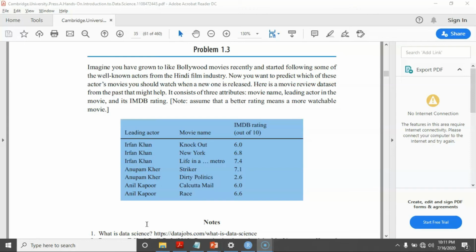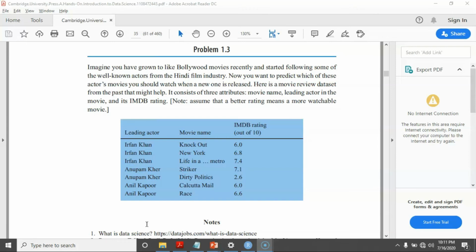Of course, leading actor. Why not movie name? Because you are not selecting by movie name; if it is not a sequel, one movie name will be used only once for a single movie. However, there might be sequels, like Race 1, Race 2, Race 3.